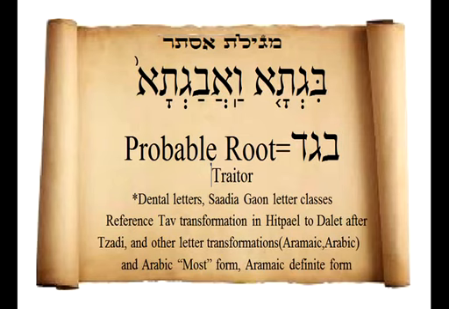And so what we have is a transformation between the Taf and the Dalet, where these are both dental letters according to the classes of Saadia Gaon and in linguistics in general, that they are pronounced at the same place in the mouth. We also see instances of the interchange in the Hitpael form. When it occurs after a zayin, the taf becomes a dalet.